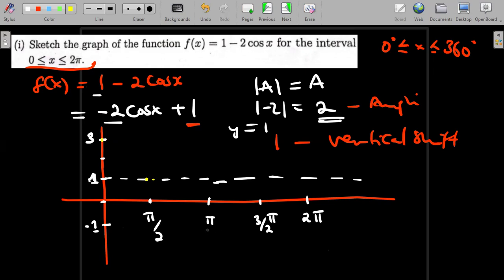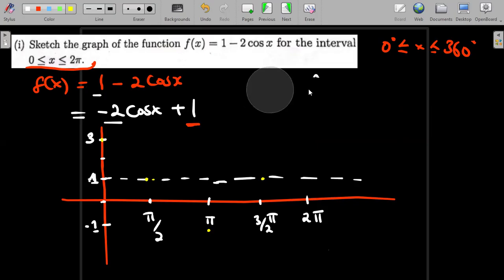So it will go here, negative 1. Then it's going to pass the midpoint, which is just here like that. Then it's going to go up to that. So let me just erase here. So, okay, it's going to go up there where there's 2 pi, like that there, which is the ending point. So you connect these dots.